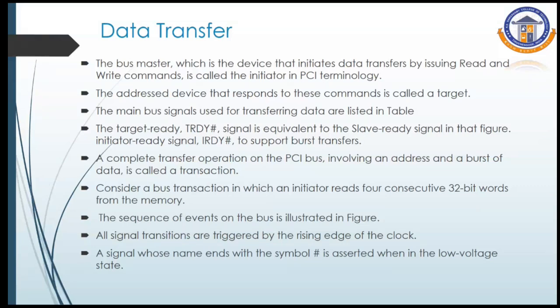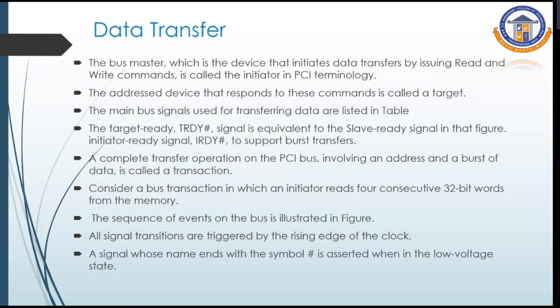When it wants to fetch the data, it will send a command to the PCI. The PCI will act as an initiator, and it will send it to the devices connected to it. The device which responds to that request is called a target. So we have an initiator and a target. The initiator is the PCI and the target is the IO device.